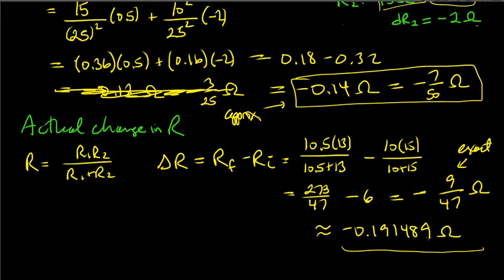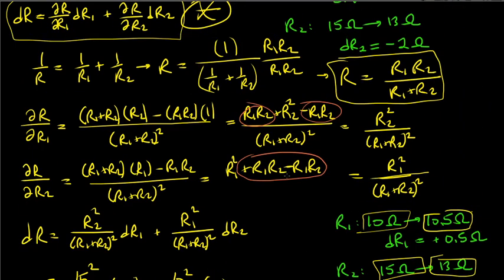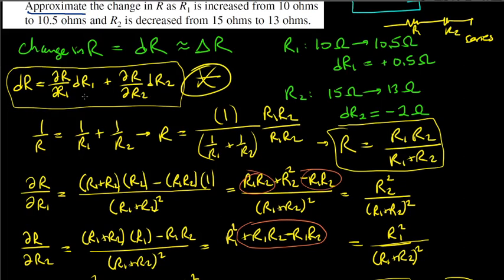Negative 9 over 47 is a rational number. We could use repeating decimals here, but yeah, so negative 0.14 versus negative 0.19. So you can see they're not exactly the same. So by using differentials like this, of course, you are just getting the approximate change in R.